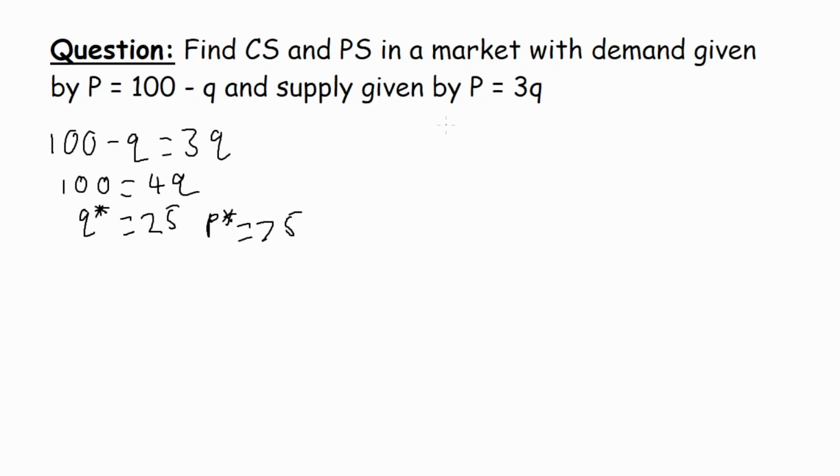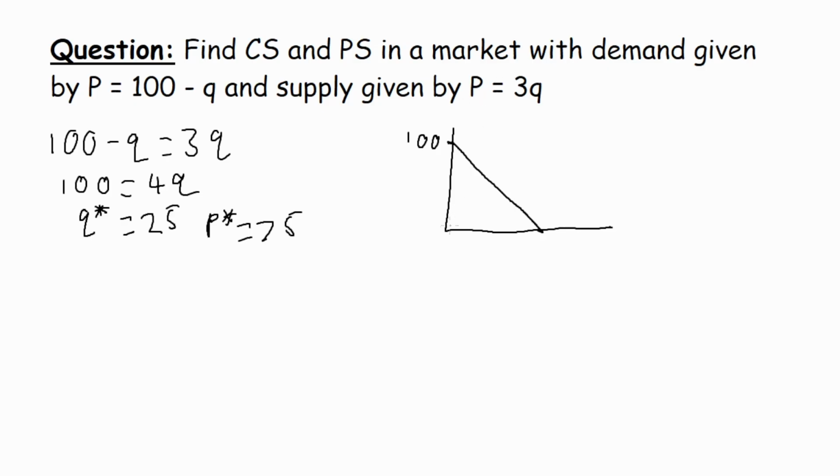There we go. Now, the next thing I would like to do when solving a question like this is to draw a simple diagram of the demand and supply curves so that we can help visualize what we are trying to find. This might be a bit of a messy diagram. For the demand curve, 100 - Q, it's just a linear line going downwards, and we know it intersects the price axis at a value of 100.